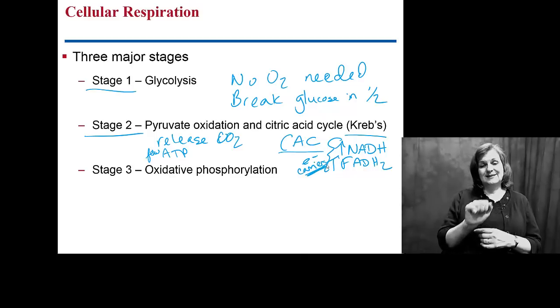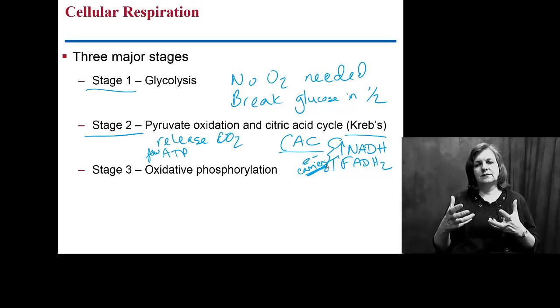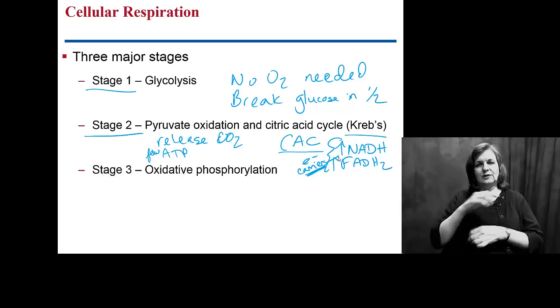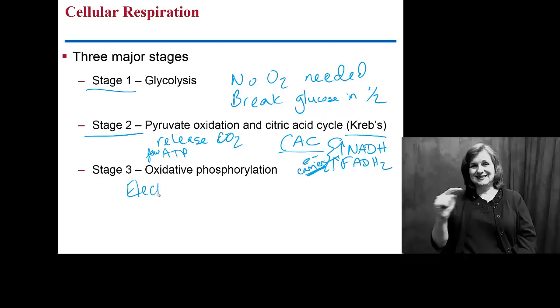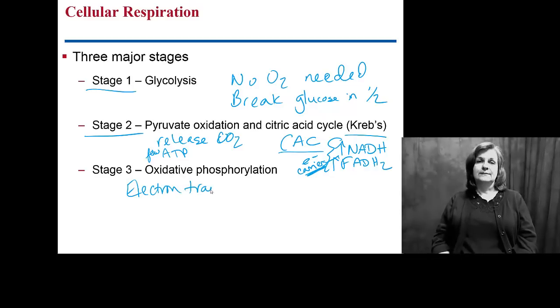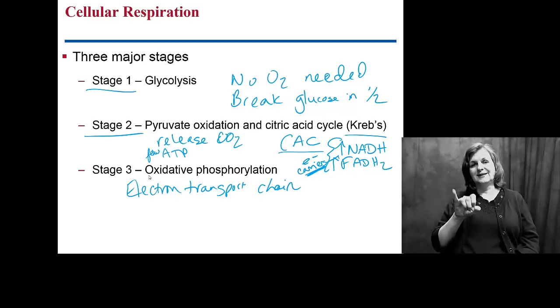The whole idea with the citric acid cycle is it fuels a whole lot of these electron carriers that can then go down to the electron transport chain, which is part of this process known as oxidative phosphorylation.